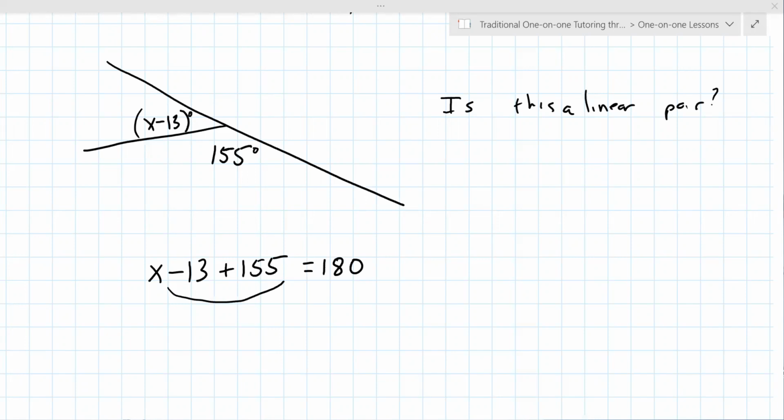Negative 142. It's not negative. 155 is further from 0 than negative 13.